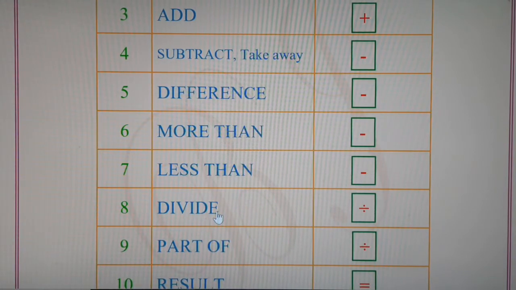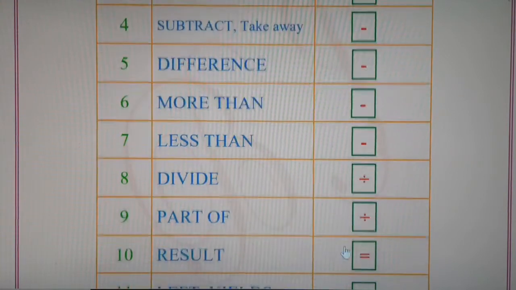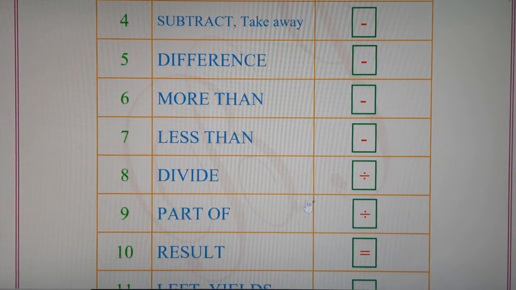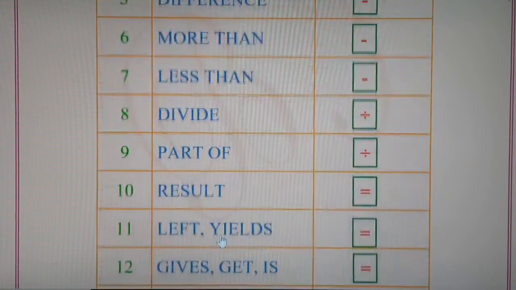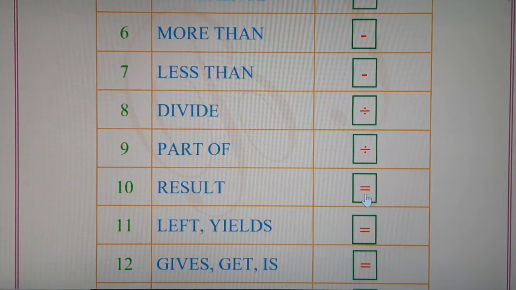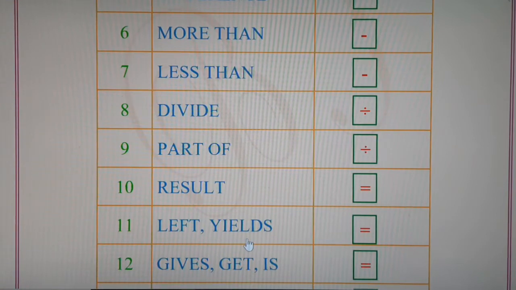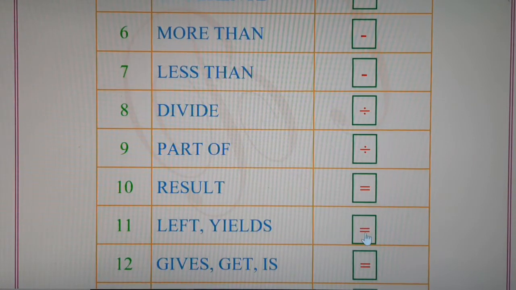When the word divide is given, then we have to use the divide sign. When the word part of is given in the problem sum, then we have to use the divide sign. When anywhere in the sentence result is given in the mathematical problem sum, we have to use the equal to sign. When the word left or yields is mentioned in the problem sum, we have to use the equal to sign.